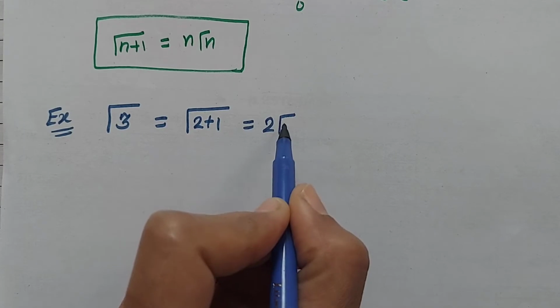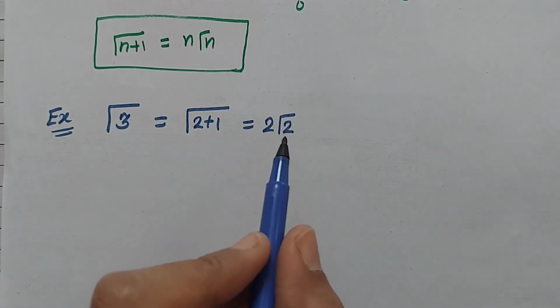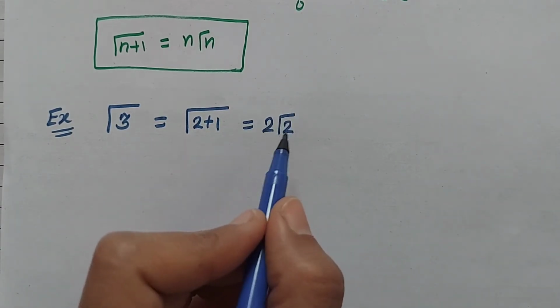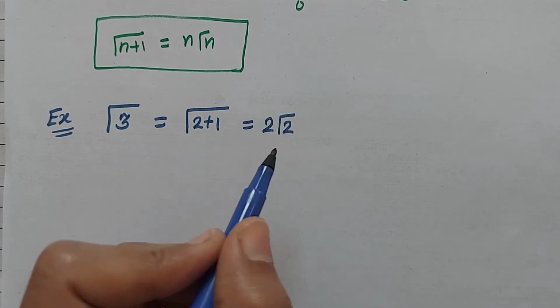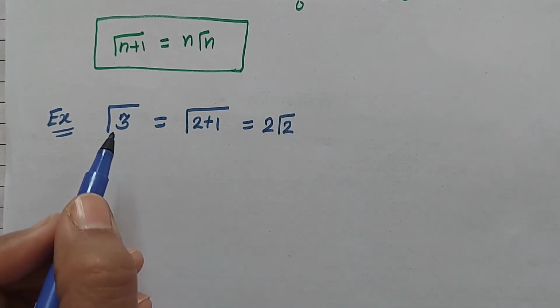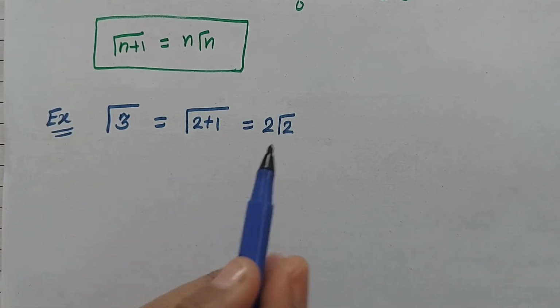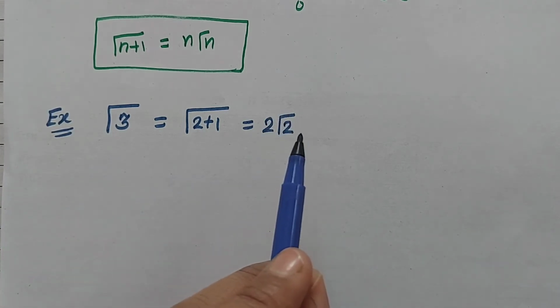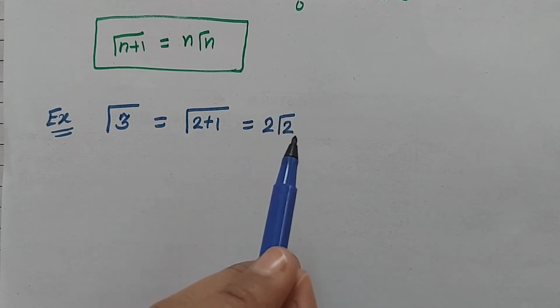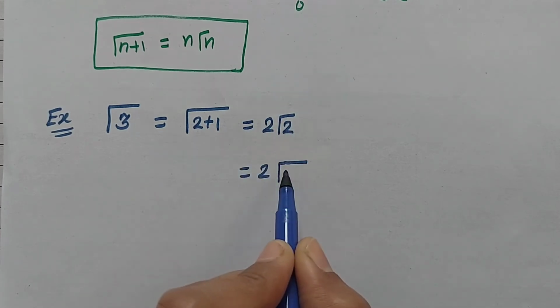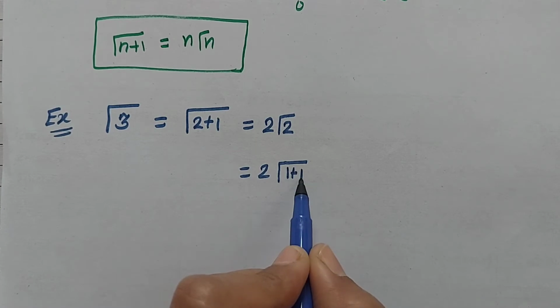So we take 2 gamma 2, and we know that gamma represents an integration, and we want to solve this term. That means we have to completely simplify the integration and find the value without any integration. So write this 2 as 1 plus 1.